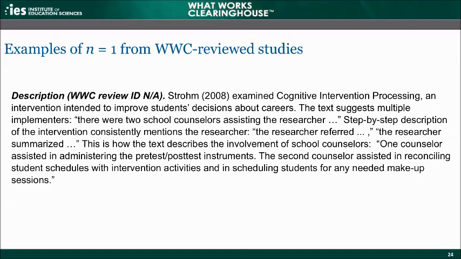Again, let's take a few moments to consider how the authors described implementation. Now let's go to the next slide.